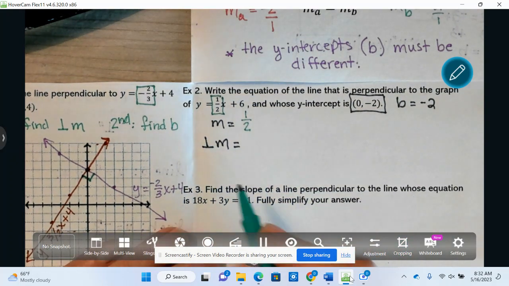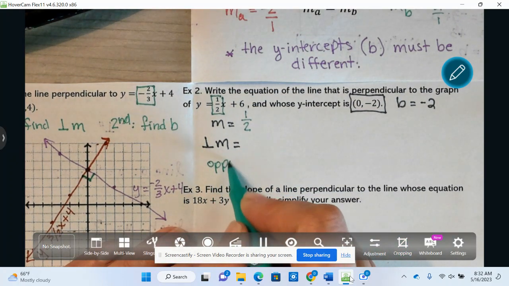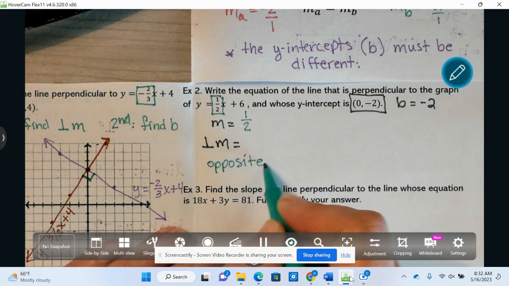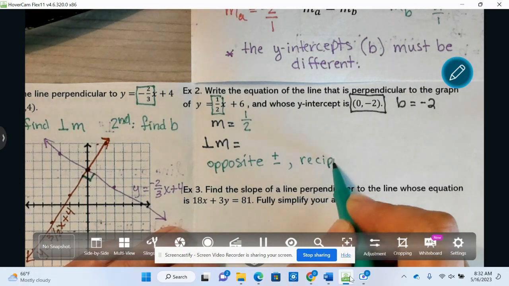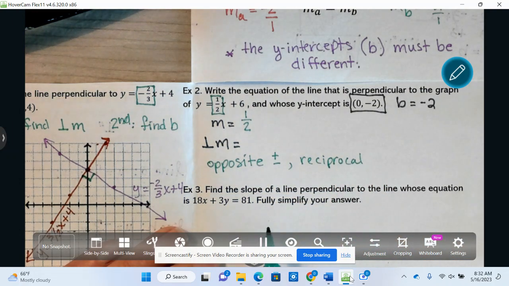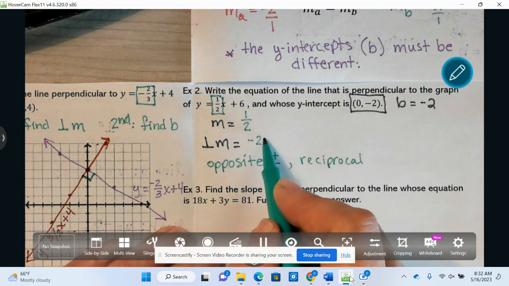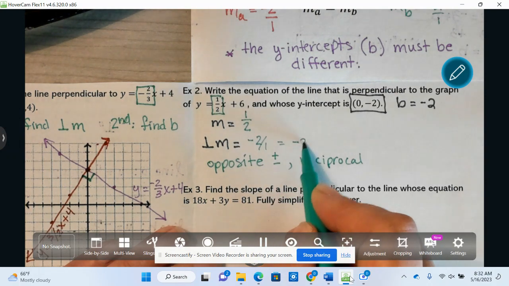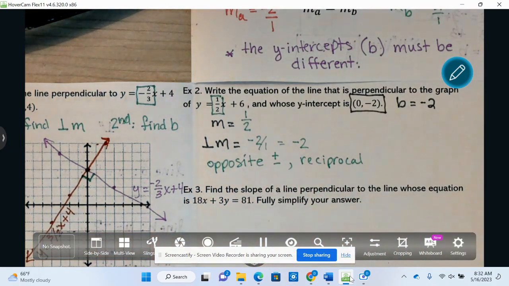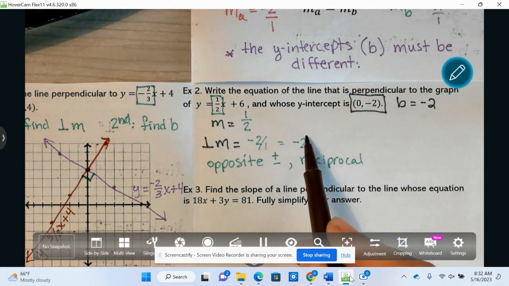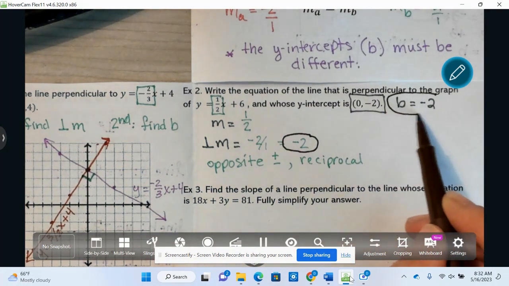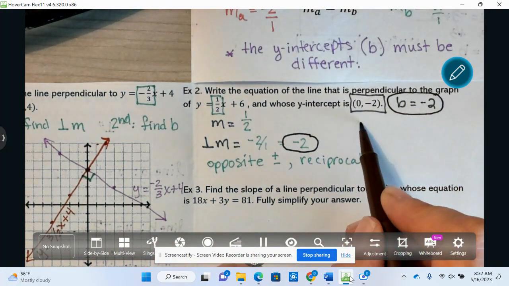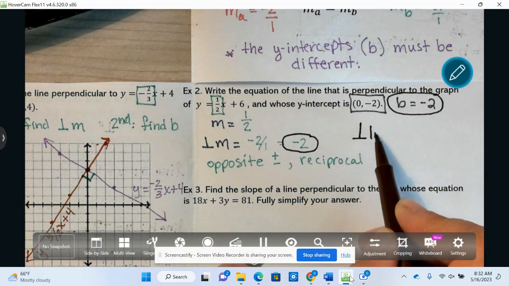So what is the opposite? Opposite means change the sign. Reciprocal. What is it? -2/1. And I'm just going to write that as -2. Opposite reciprocal. So I'm using this slope and this y-intercept. Someone tell me what the equation is of the perpendicular line.